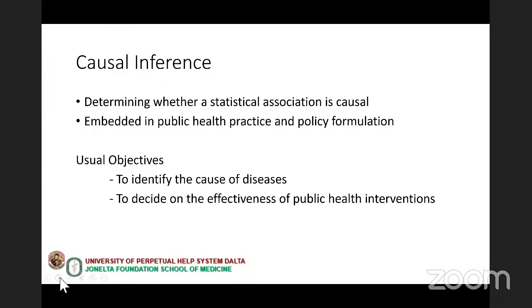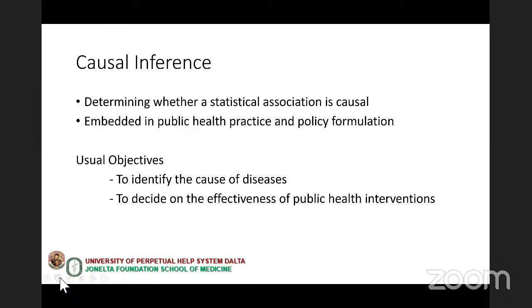Right? So it's embedded in public health practice and policy formulation. So the usual objectives for causal inference would be to identify the cause of disease, as I've mentioned in the prior example, and to decide on the effectiveness of public health interventions.